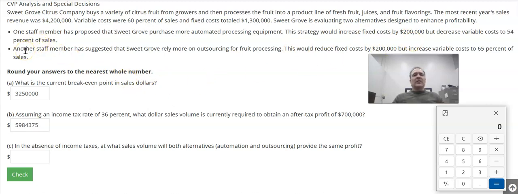It says another staff member has suggested that Sweet Grove rely more on outsourcing. So we're not going to do it at all for fruit processing. This would reduce fixed costs by $200,000, but increase variable cost to 65% of sales. So our fixed costs are going down, and that makes sense.